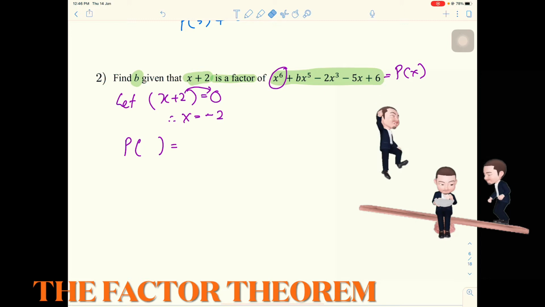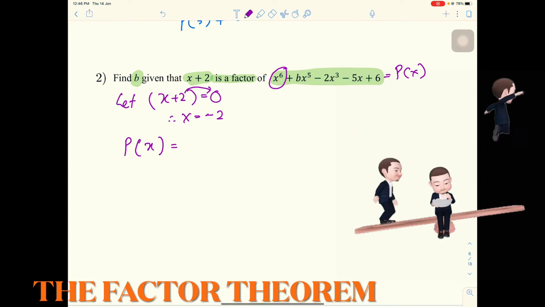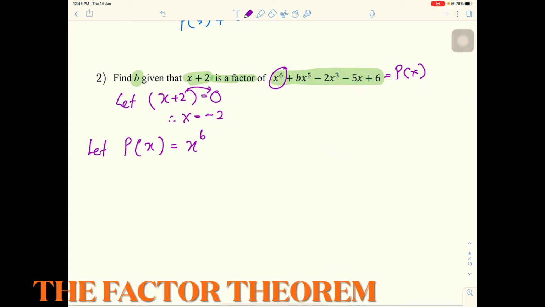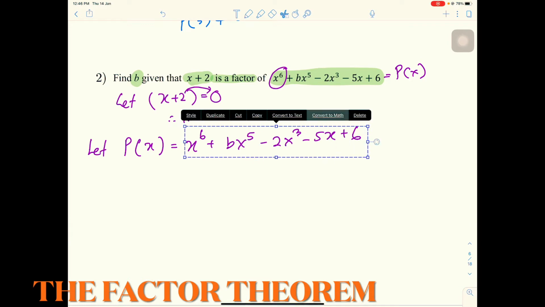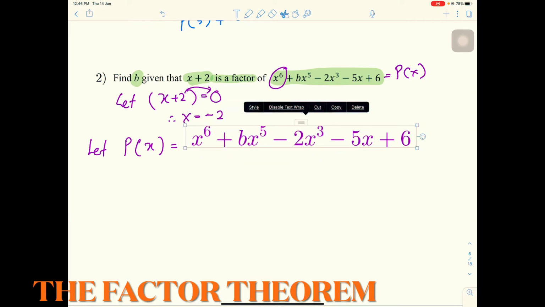But first, so that you are not confused, let p(x) equals x to the power of 6 plus b x to the power of 5 minus 2x to the power of 3 minus 5x plus 6. Okay, so this is the equation.